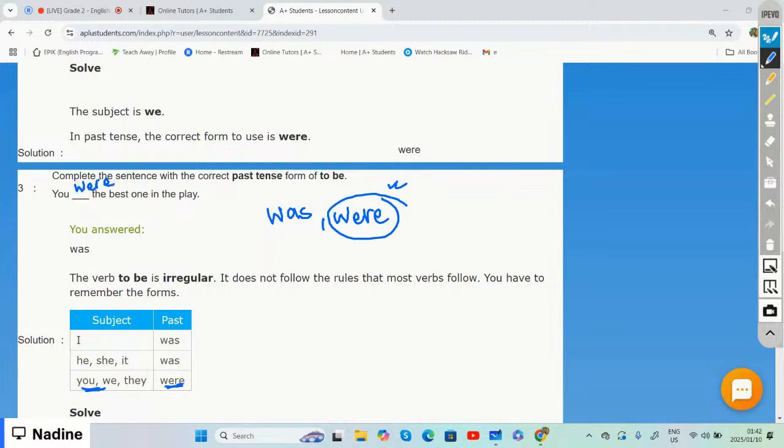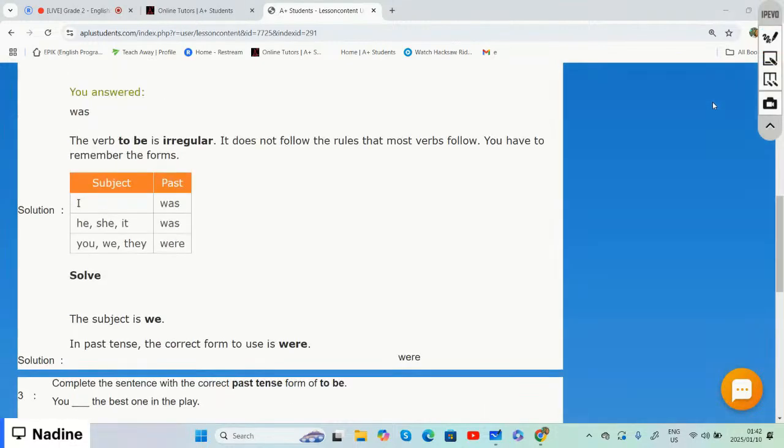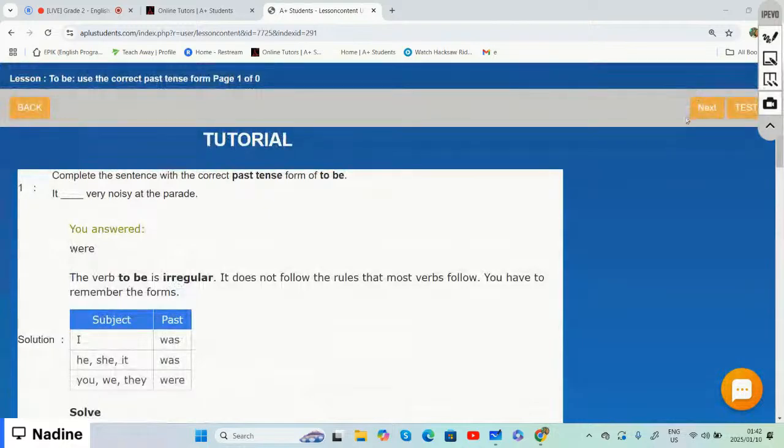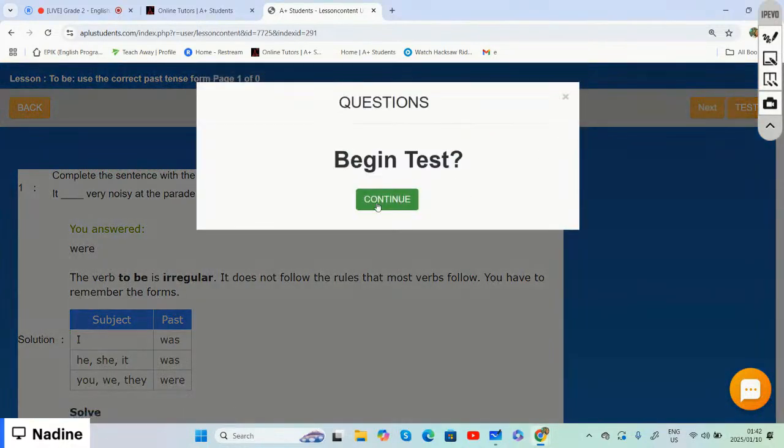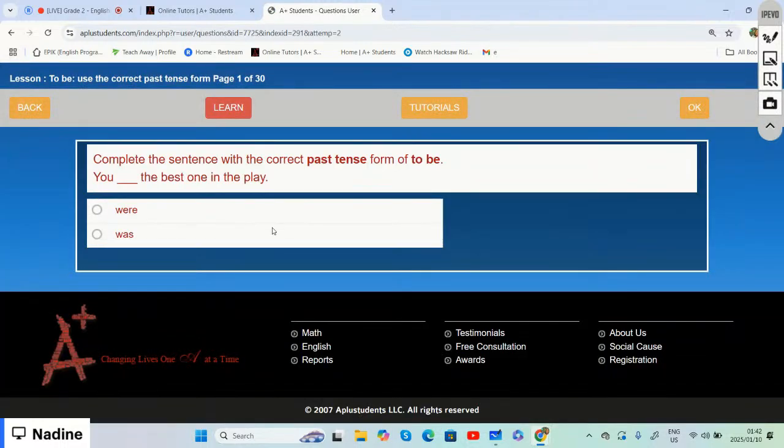Well done. All right, so now we're going on to our test where we're going to use the correct past tense form of to be, right? Where we say one person was, more than one person were, or you were.